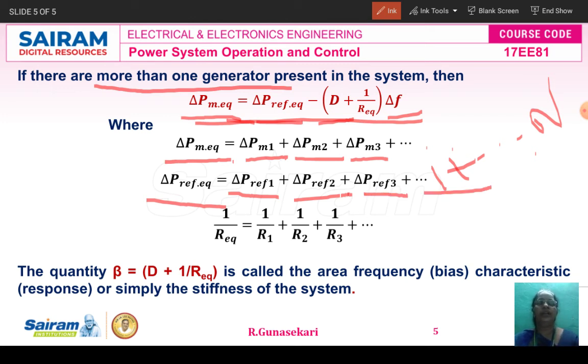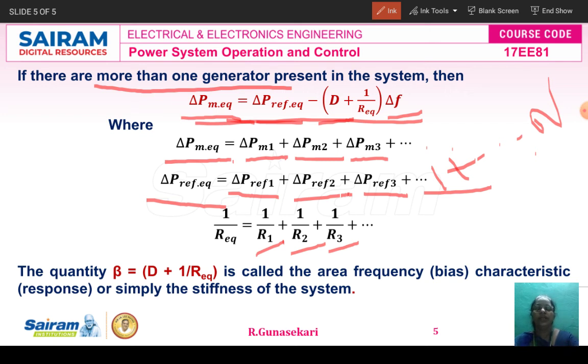Then how do we calculate the equivalent speed regulation R equivalent? 1 by R equivalent equals 1 by R1 for generator 1, 1 by R2 for generator 2, 1 by R3 for generator 3. Therefore 1 by R equivalent equals 1 by R1 plus 1 by R2 plus 1 by R3 and so on.